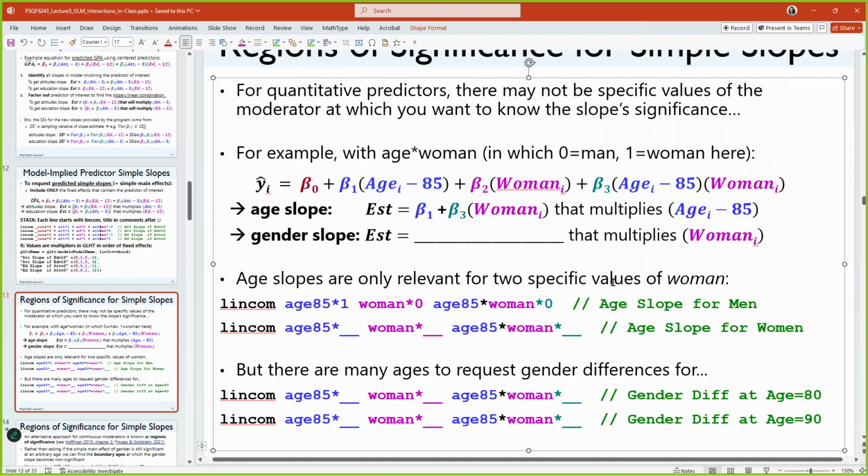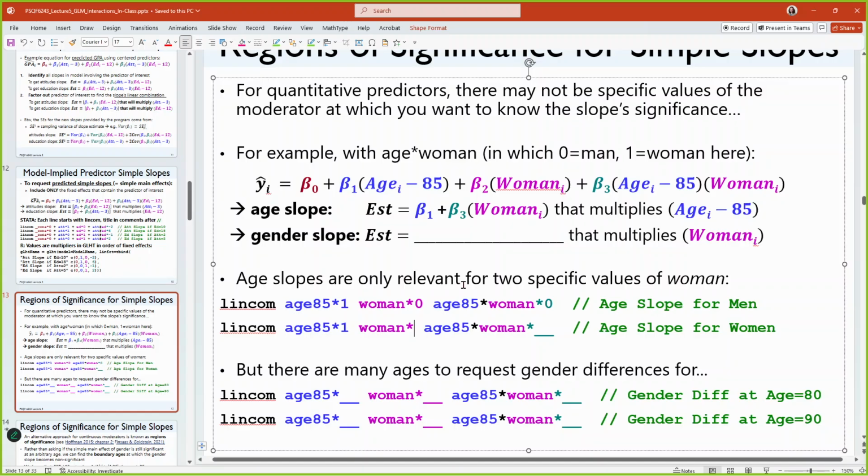It is 0, indeed. If I want the age slope for women, what goes here? A 1. What goes here? Ooh, 1 or 0. We got 2 conflicting answers. 0, because that's the main effect for gender.